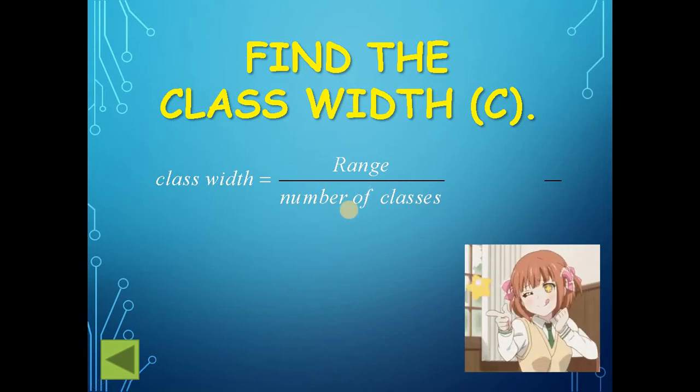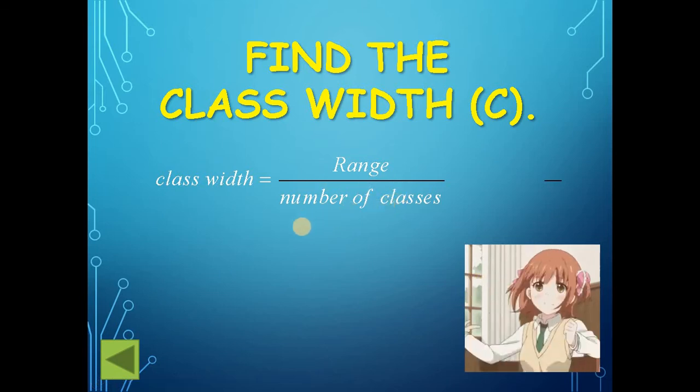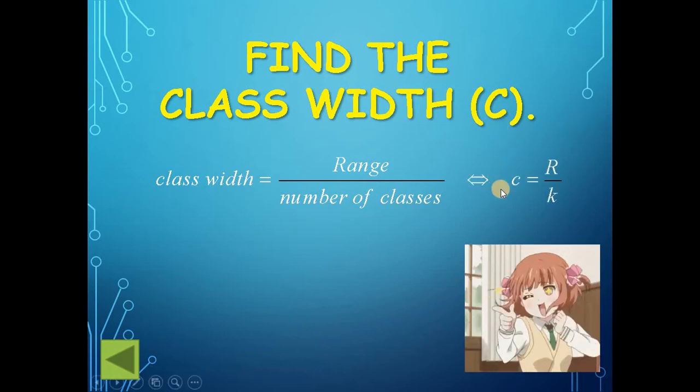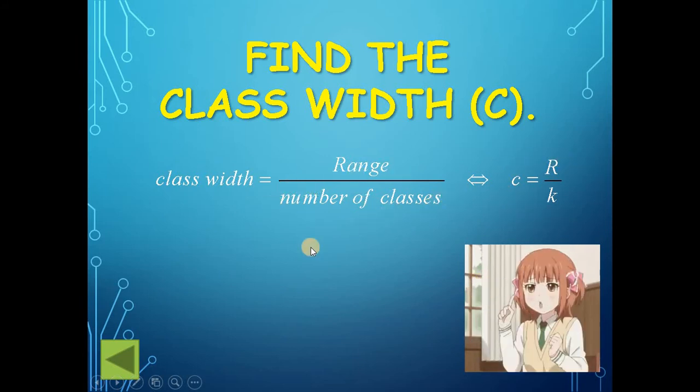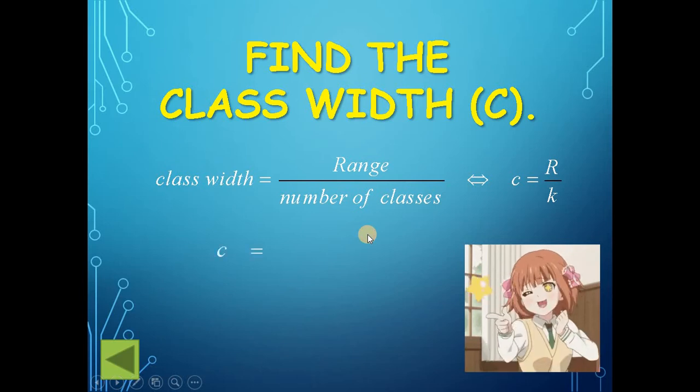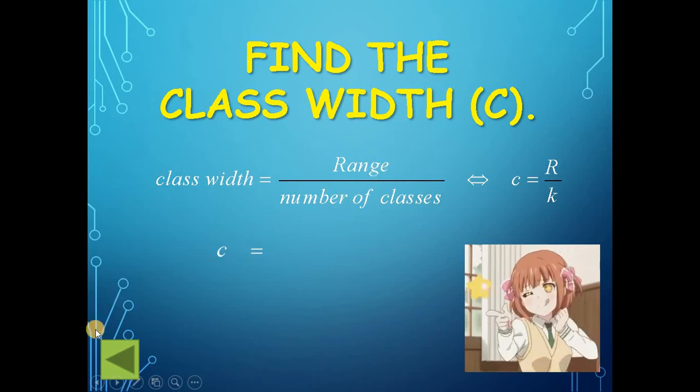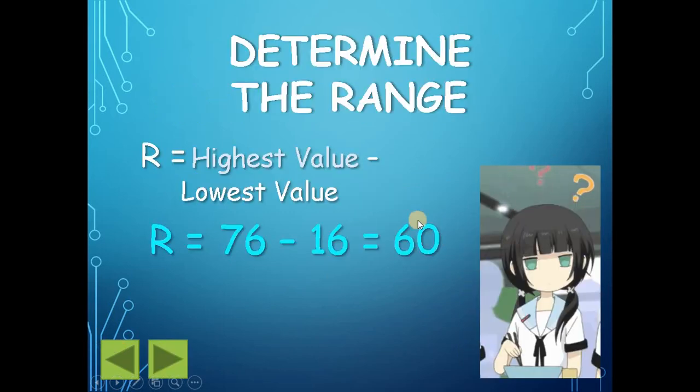Remember, we have classes already. How many is that? 7. Very good. So in short, we have C equal to R over K. K is the number of classes. So C is equal to, how much is the range? Going back here, it is 60.